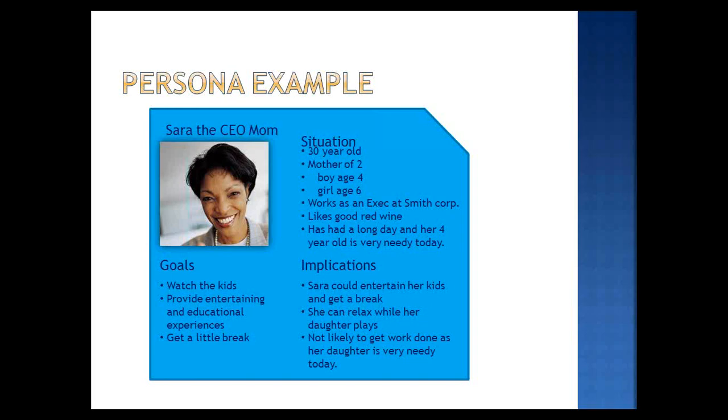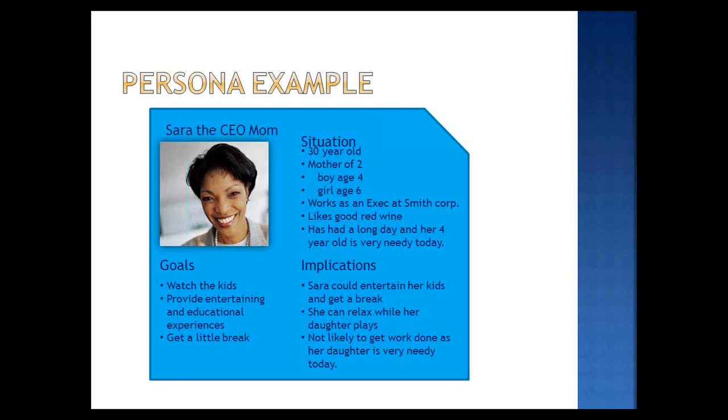She could relax while her, that's funny, it says her daughter. I have only daughters, so everything is in reference to daughters in my life. But up here we had said that she has a boy and a girl, so I need to update that piece of documentation. So it shares the life of this person.